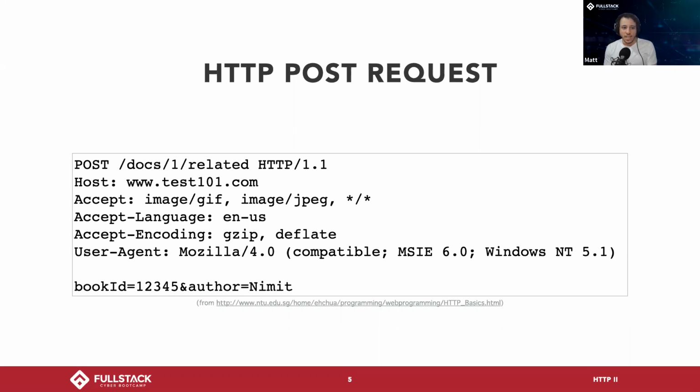Since this is an HTTP post request to something called test101.com, I imagine it's a post to make a book or something like that. One thing I want to bring your attention to in the body is the way this data is formatted.